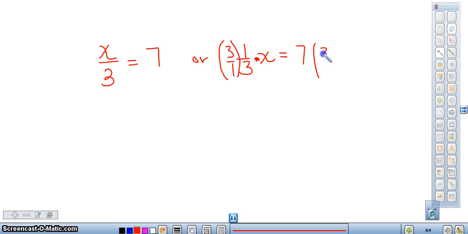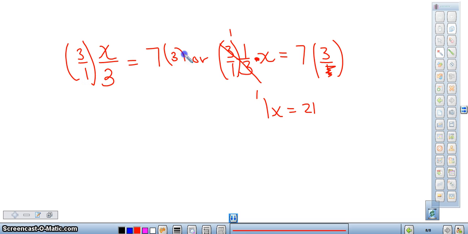I'm going to multiply both sides by 3/1. Now again, on this side, we could just put 3. As we look at the left side of our equation, 3/3 becomes 1. I'm left with 1x equals 21. Is this the same if we would have multiplied by 3/1 and by 3?